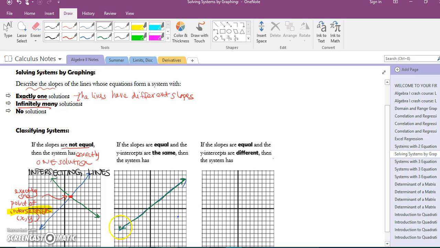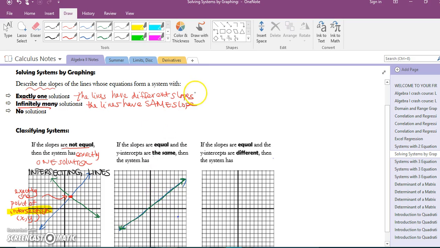That's the only way there'd be infinitely many points of intersection. And what would happen there when it says describe the slope for infinitely many solutions? What that would mean is the lines have the same slope because they're the same exact line.